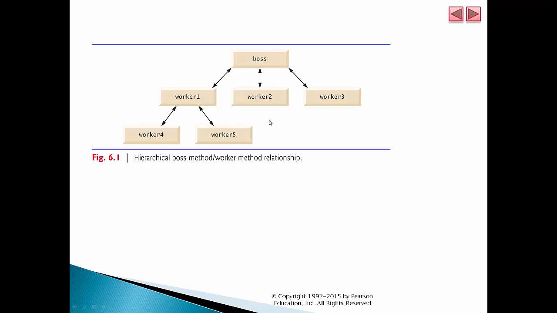So printing the menu is another task, and it has to be accomplished by a different worker. And this worker is now hiding the implementation details of the menu. But all the boss needs to know is that, okay, there is a worker. This worker is responsible for printing the menu. So it can go and ask the worker to print out this menu, and it prints out the menu.